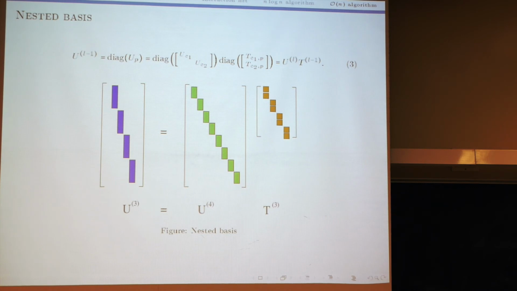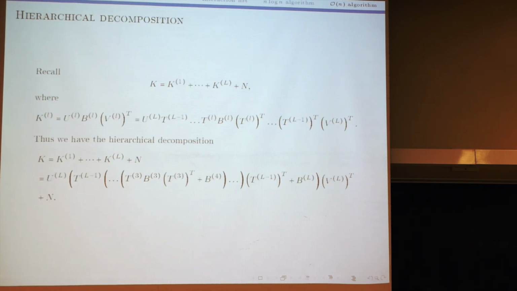This exposes the relation between the matrix KL minus 1 and the matrix KL. Since we know that for each matrix KL there is a factorization like this, and we know from the previous slide that the column bases UL are nested, and so is the row basis VL transpose.